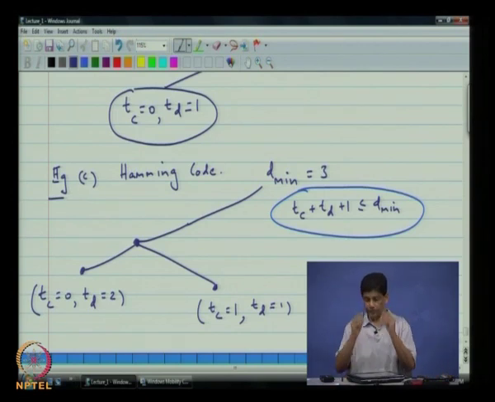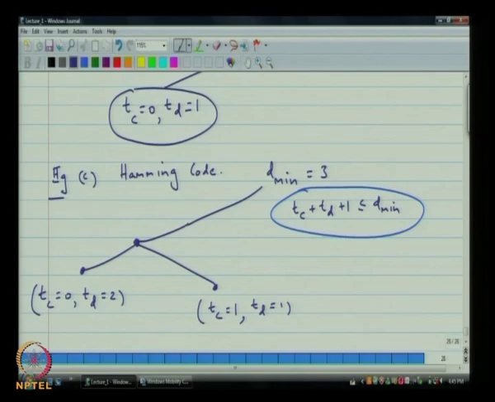Now, I would like to just say a few words about where we are going to go next. We have talked about binary codes in general, and now what I would like to do is focus on the subclass of binary codes, which are the so called linear codes. Now, linear codes essentially make use of linear algebra, but there is also a little bit of group theory, and since I assume that some of you may not have a background in these two areas, over the course of the next 2 lectures or so I will try to fill in that background.